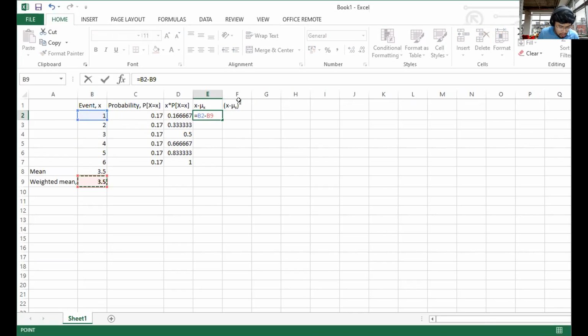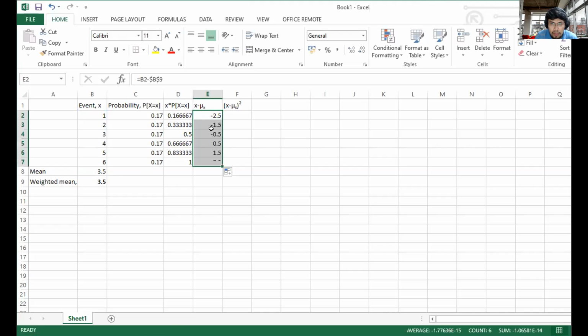mean. So to make the B9 steady, what we're going to do is press F4. That introduces the dollar sign, which means it will stay as it is.